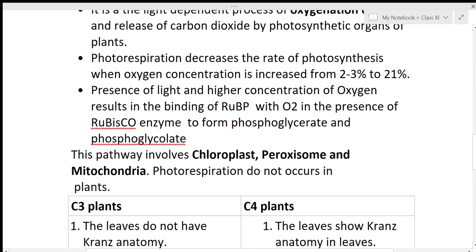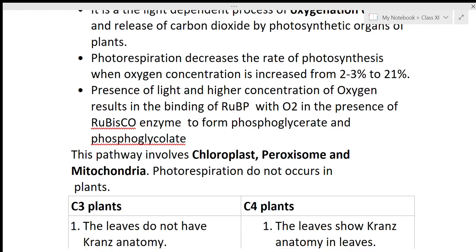So this is the actual photorespiration, when the RuBP is combined with oxygen, at the condition of high concentration of oxygen. This pathway involves chloroplast, peroxisomes and mitochondria.